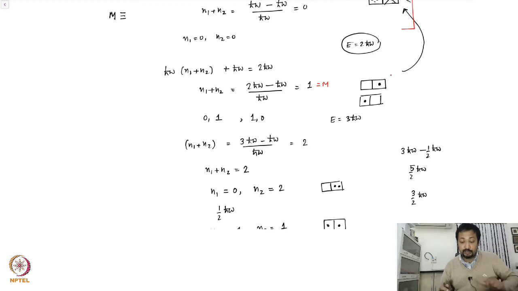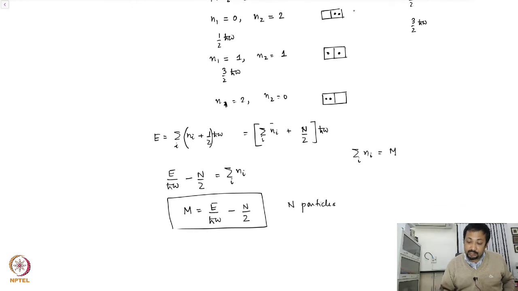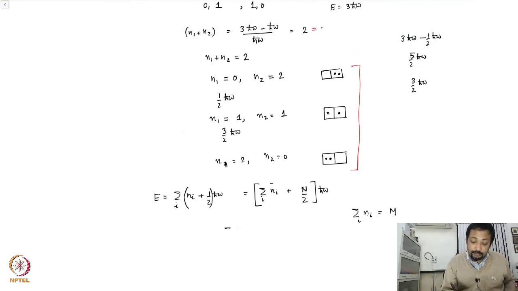So there are 2 possible microstates here. And in this case, as we have seen in detail, where the value of m was 2, there are 3 possible microstates.